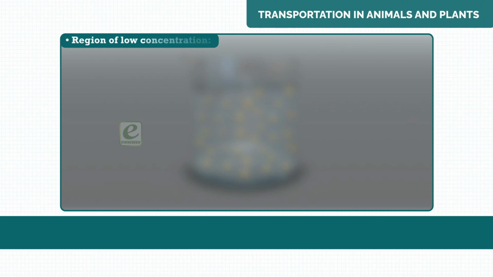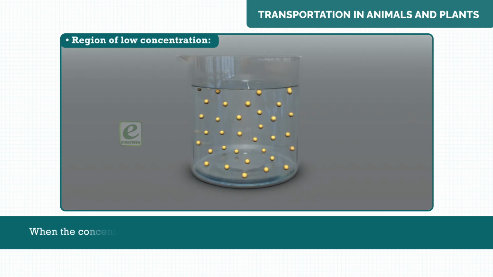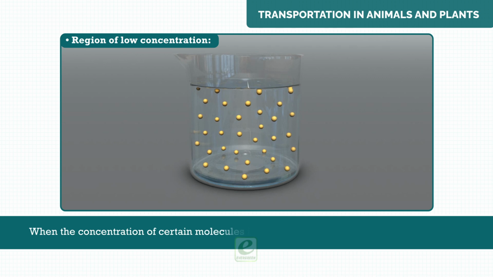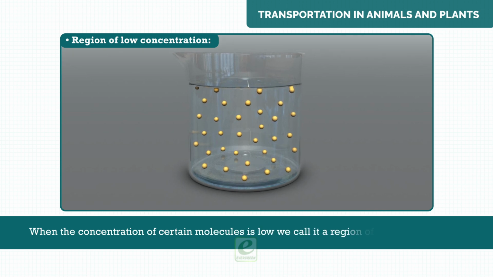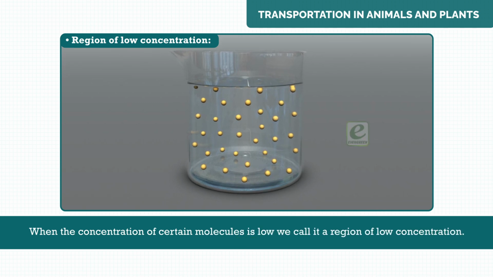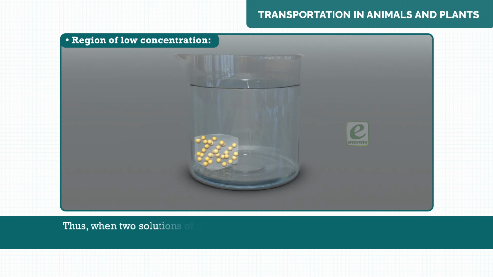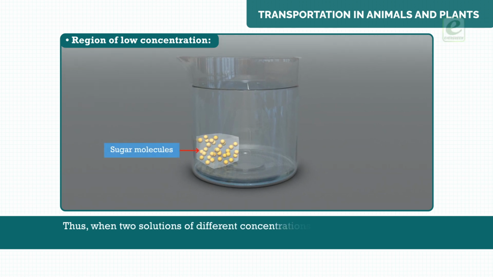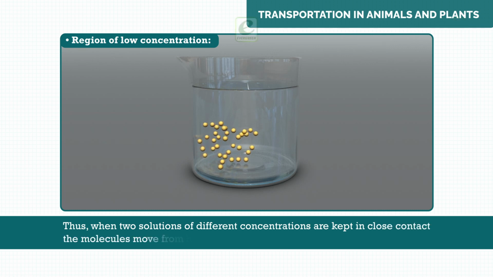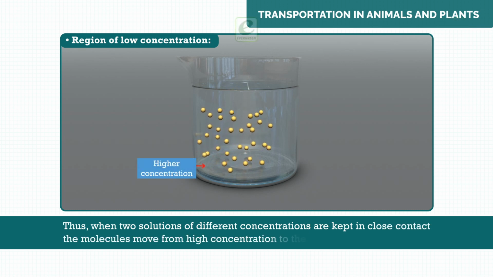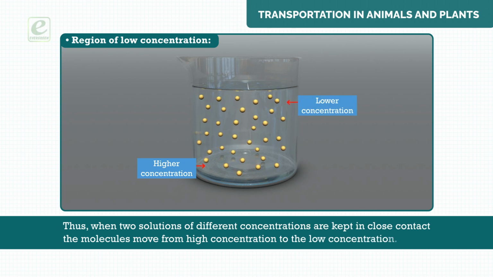Region of low concentration. When the concentration of certain molecules is low, we call it a region of low concentration. Thus, when two solutions of different concentrations are kept in close contact, the molecules move from the high concentration to the low concentration.